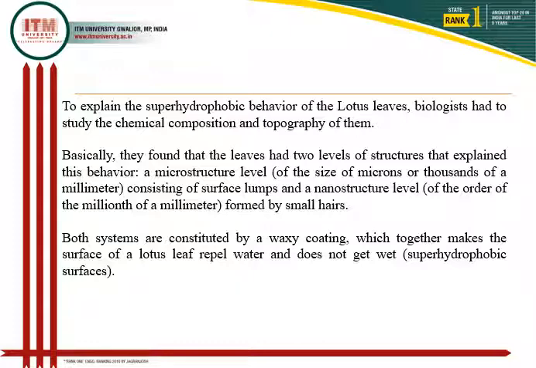Both systems are responsible for this. Both systems are constituted by a wax coating, which together makes the surface of the lotus leaf repel water and not get wet, a superhydrophobic behavior. So these structures, topography and composition, are responsible for this behavior.